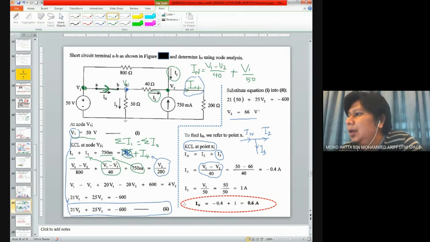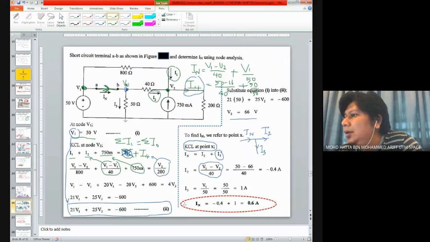V1 is considered as 50, so 50 minus 66 divided by 40. And for V1, we also have 50 over here, plus 50 divided by 50.